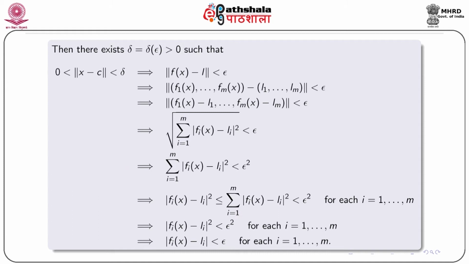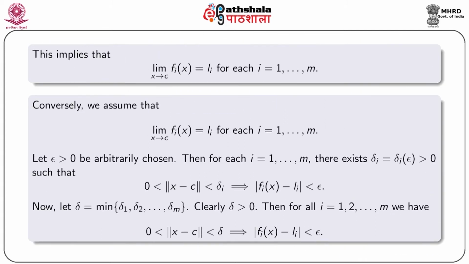This shows mod of fi(x) minus Li squared is less than or equal to the sum of these m terms and less than epsilon squared. Therefore, modulus of fi(x) minus Li squared is less than epsilon squared for each i, that is, mod of fi(x) minus Li less than epsilon for each i. This implies that for each i from 1 to m, the limit of fi(x) as x tends to c equals Li.